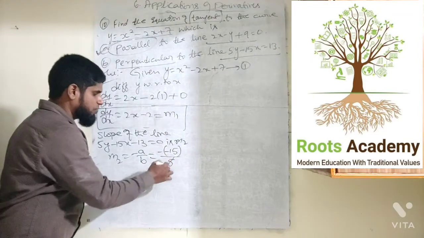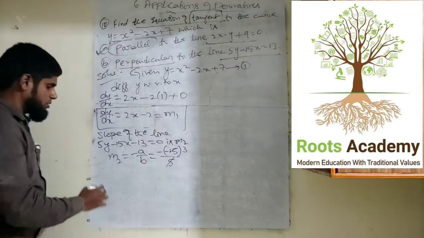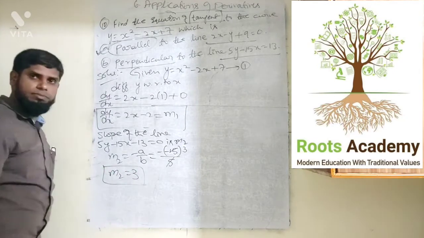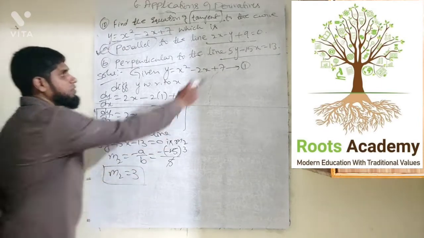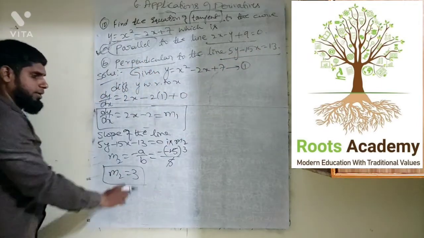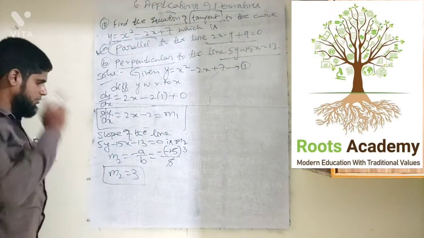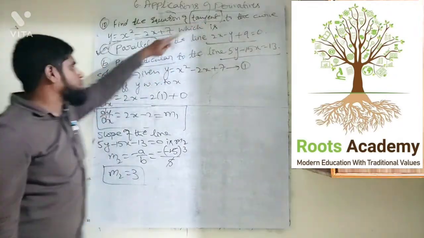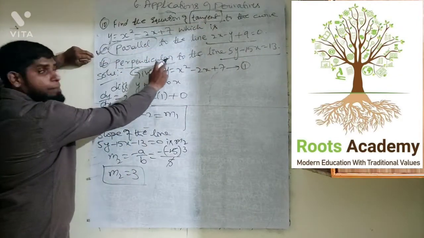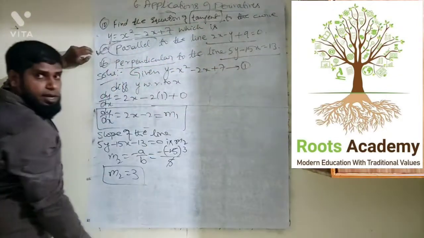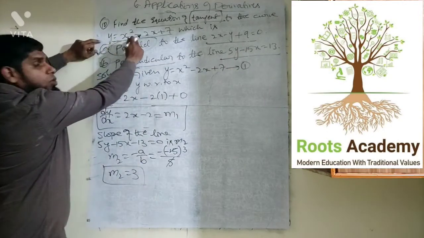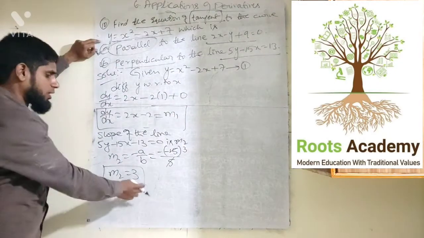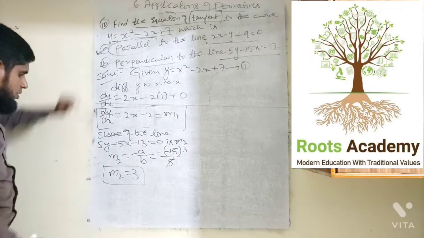Minus into minus is plus, 5 one times 5, 5 three times 15. So here my m2 is 3. The slope of this line is 3. Now students, it says that this tangent is perpendicular to this line. Then the product of this slope and this slope is minus 1.